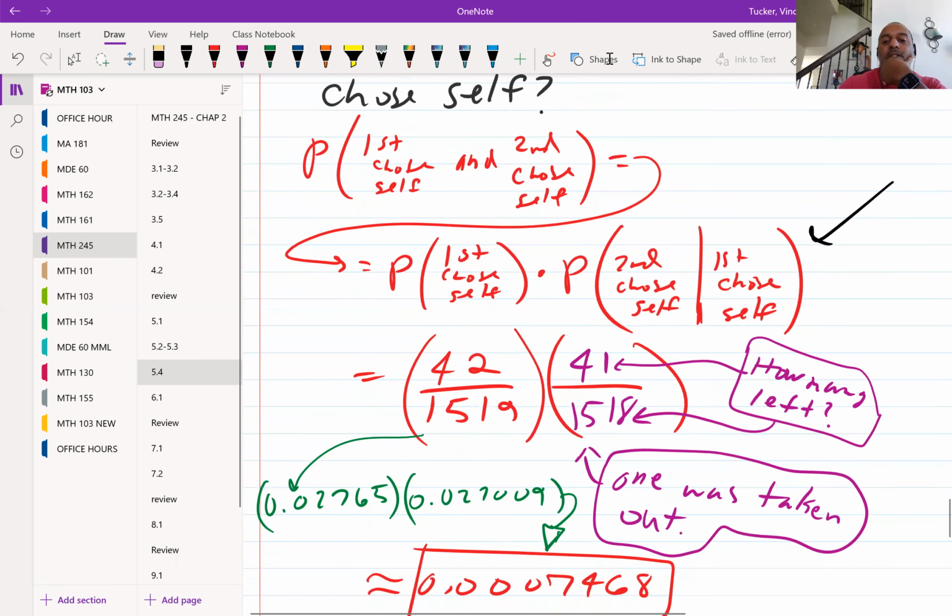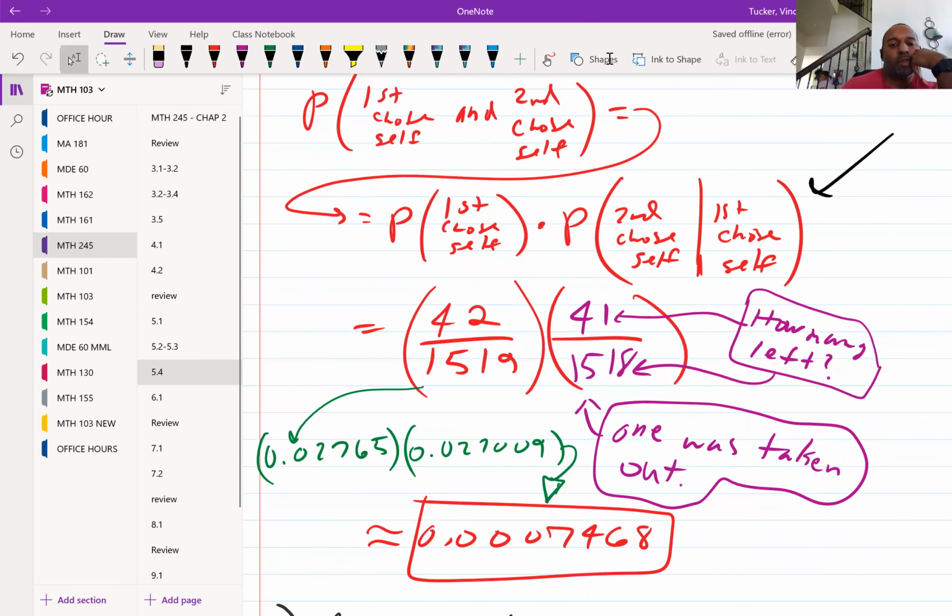All right. So calculation, multiply it out and calculate, get your decimal value, 0.0007468. And math level, of course, will let you know how many decimal values to go out.